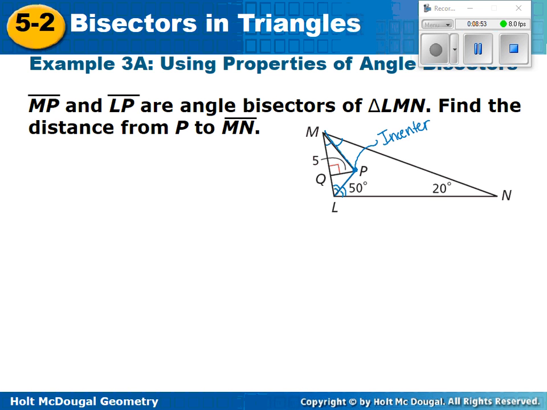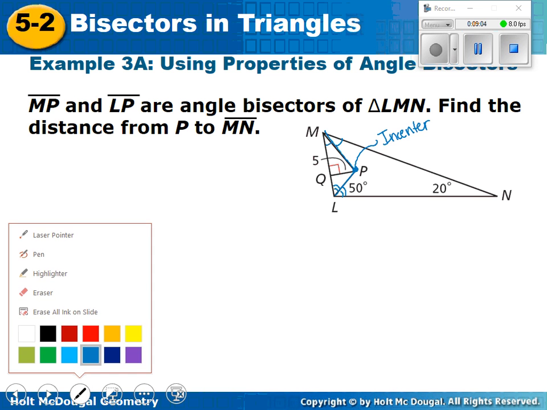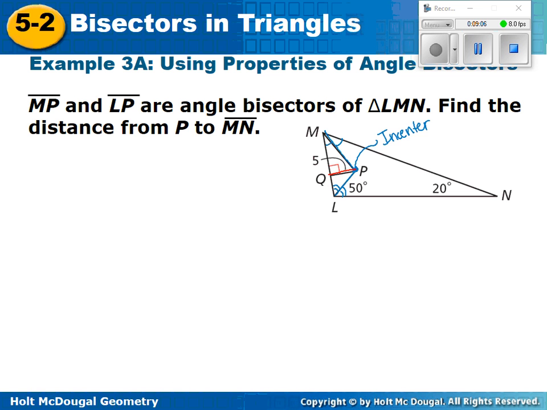Okay, it says find the distance from P to side MN. So what do we know the distance from P to side ML is? 5, right? This distance right here, drawn perpendicularly, is marked to be 5. So what should the distance from P over to MN be? 5. And so again, it becomes really easy. The distance from P to MN is equal to 5.